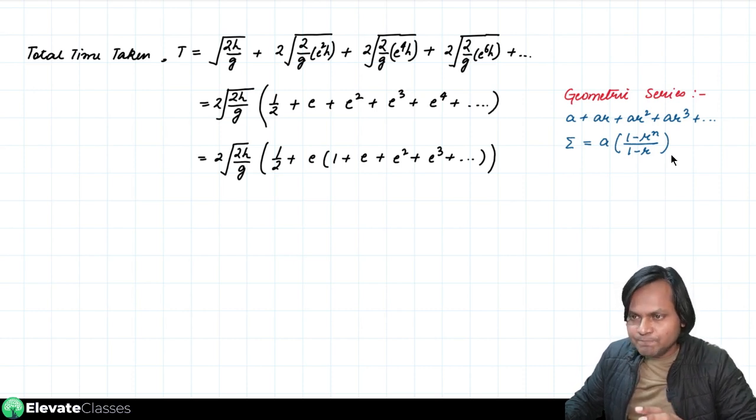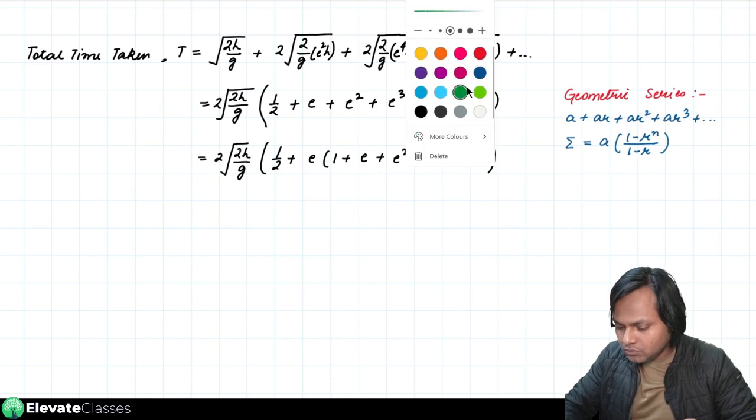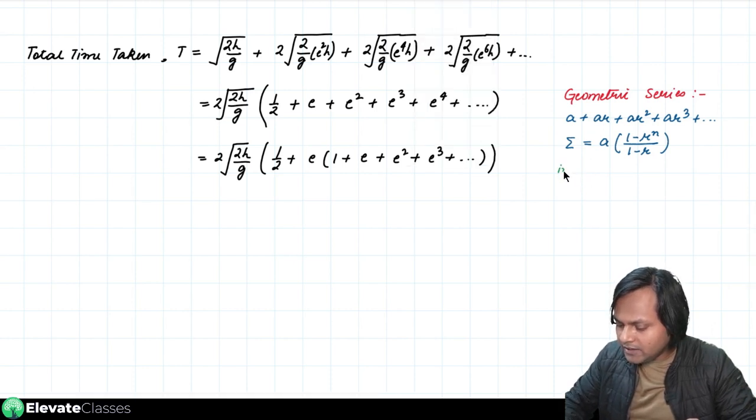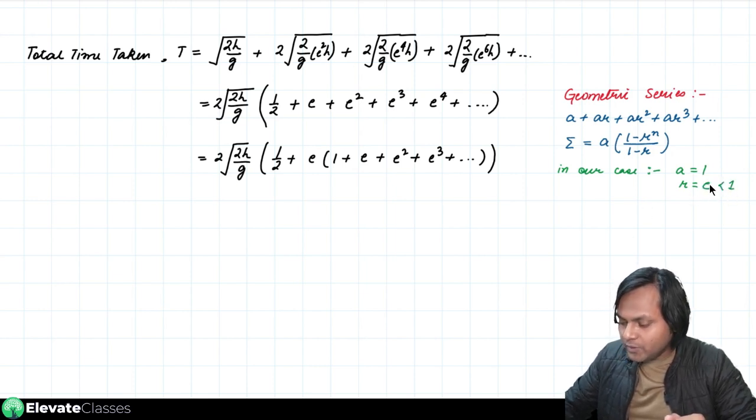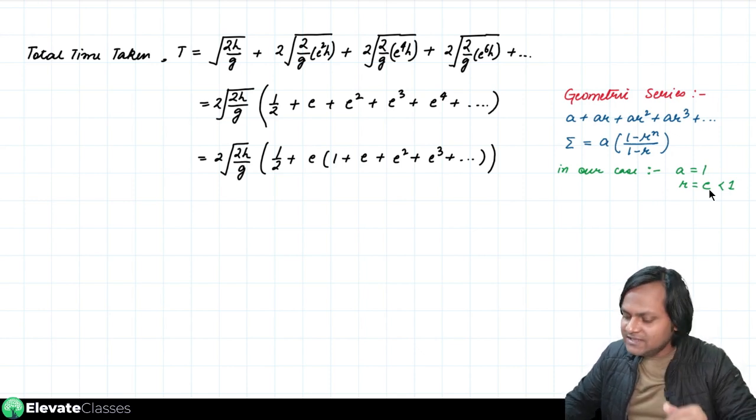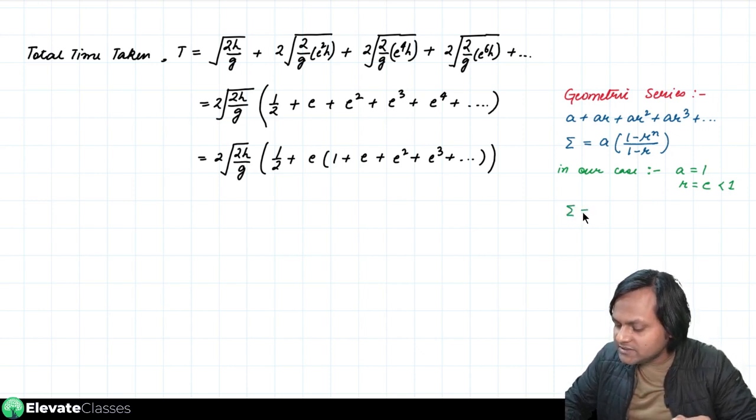But in this case, A is equal to 1. Okay, in our case, A is equal to 1. And R is essentially equal to e. But e is also less than 1. So we have a very specific scenario for a geometric series where R is less than 1. In that situation, the summation is specifically equal to A upon 1 minus R. Okay.